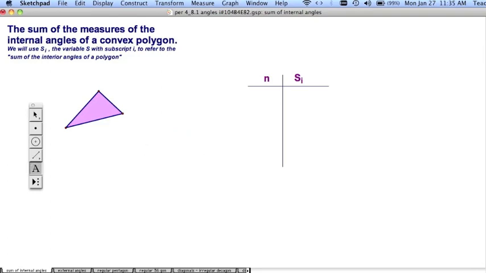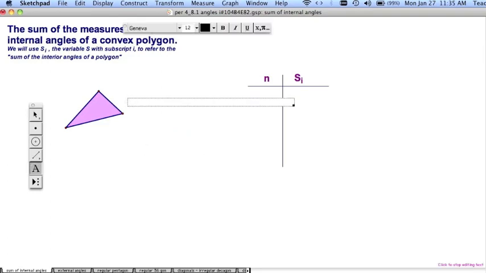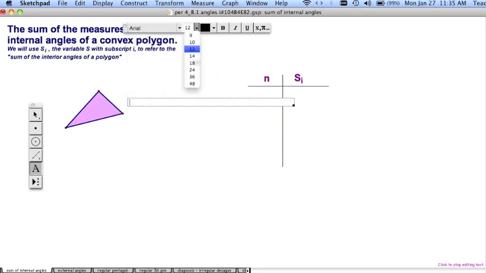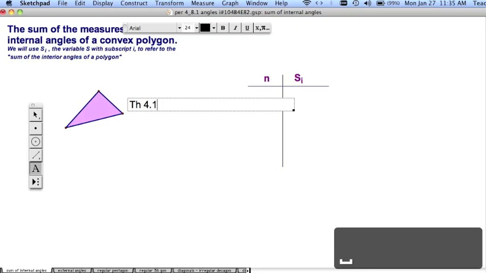And I want to make a little text box over here, and I want to write down, I'll use a different font. Select the 3 vertices, construct triangle interior. And I'm going to write down here Theorem 4.1, because I remember this from Theorem 4.1, is the Triangle Sum Theorem.